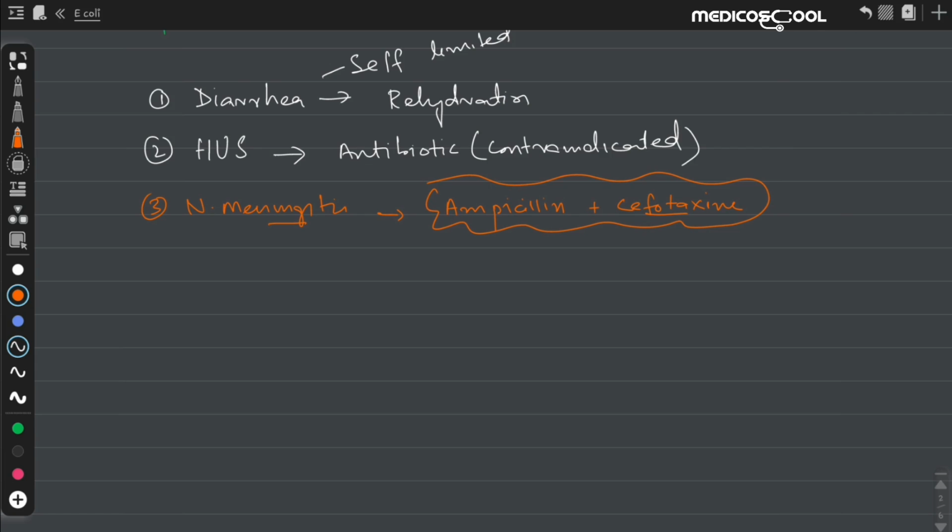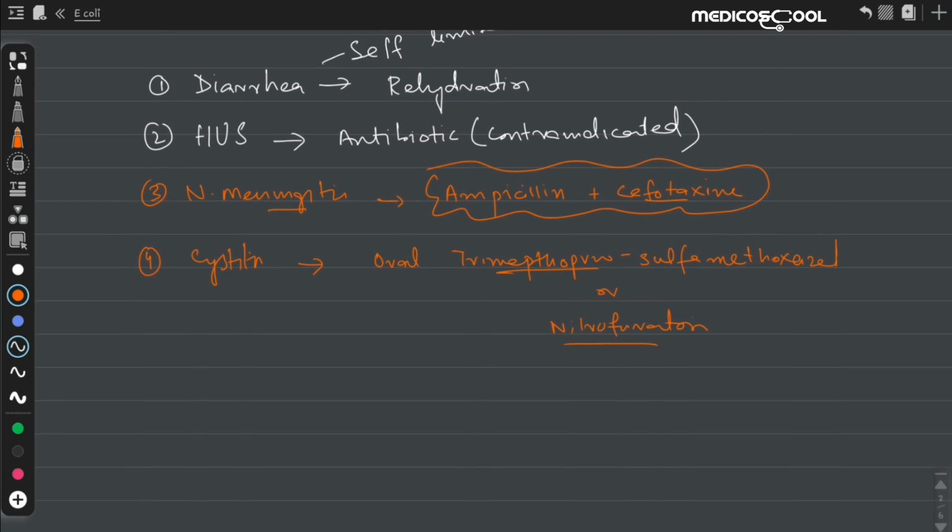We use the combination of these drugs for the treatment of neonatal meningitis. The fourth one is cystitis. For the treatment of cystitis, we mostly use oral trimethoprim-sulfamethoxazole or nitrofurantoin. These are the two drugs of choice for cystitis.